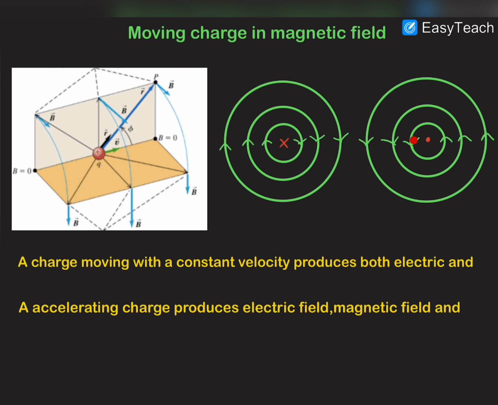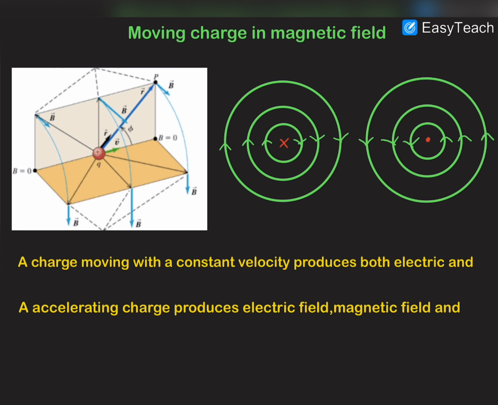And if this charge is coming out of the plane of the screen, you put your thumb pointing out of the plane, and if you curl the fingers of the right hand, you would see anti-clockwise circles. These anti-clockwise circles are the magnetic field around this charge.